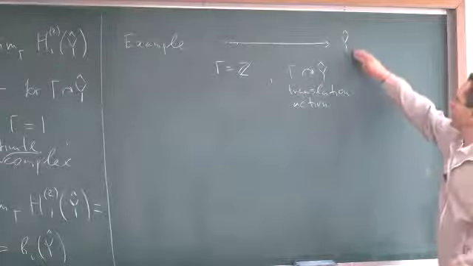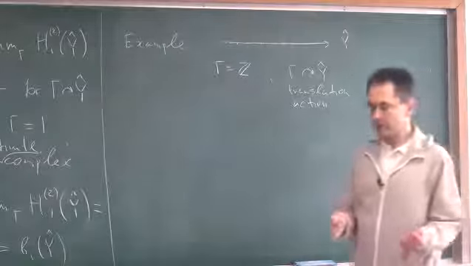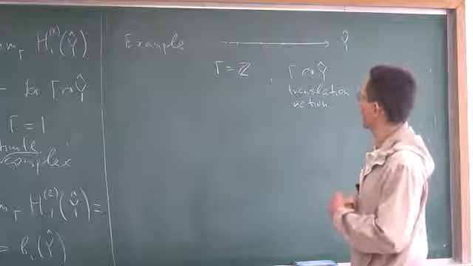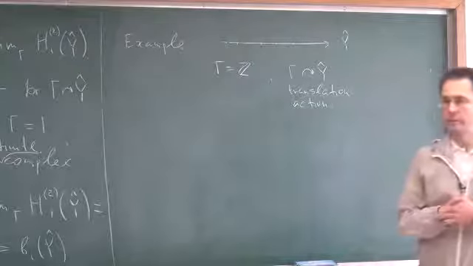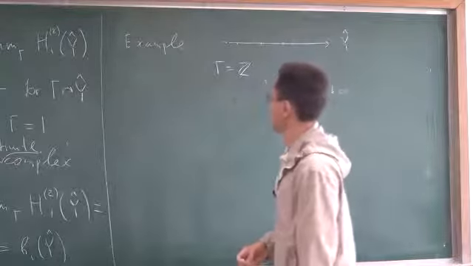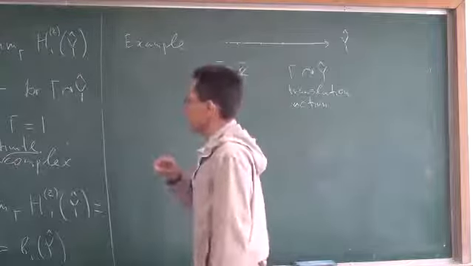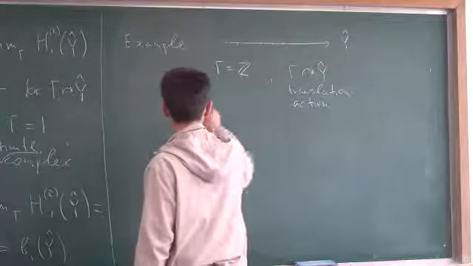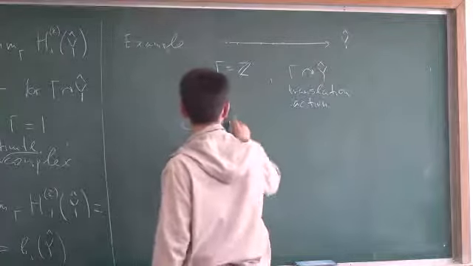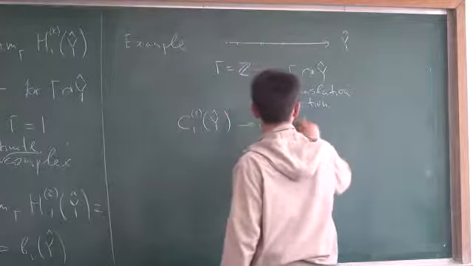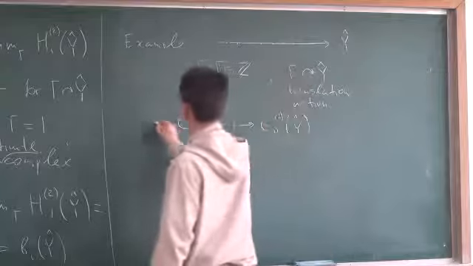The dimension of Y hat is 1. So there are 0-dimensional cells and there are 1-dimensional cells. The question is, what are the L2 Betti numbers for this action? What is the homology? Let's follow the definition. C_1^2(Y hat), then C_0^2(Y hat).